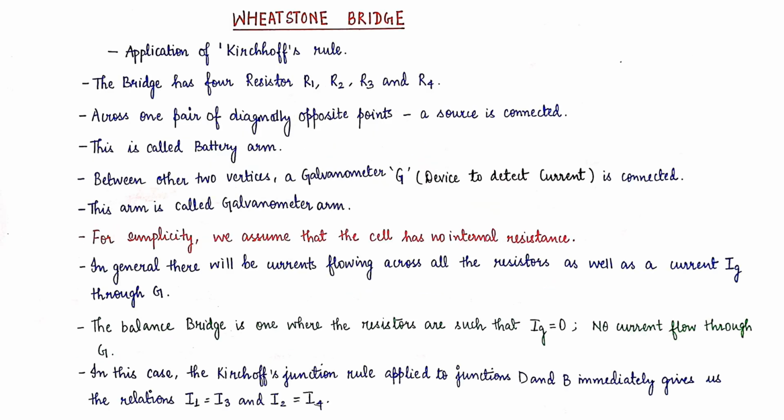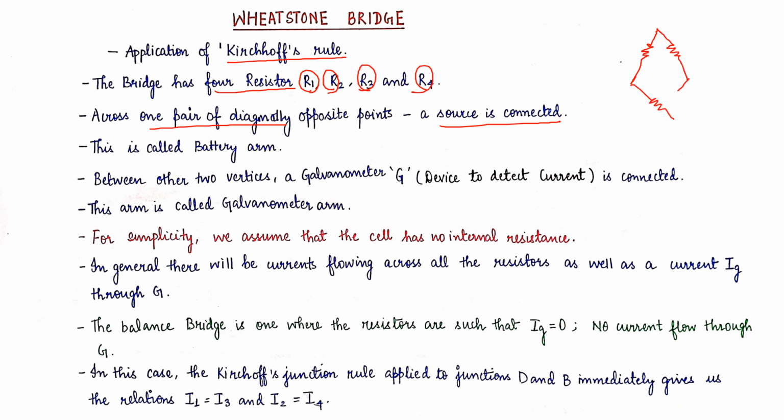Now, Wheatstone bridge is an application of Kirchhoff's rule. Bridge has four resistors R1, R2, R3 and R4. Across one pair of diagonally opposite points, a source is connected. I'm making a diagram over here because the diagram is on the next page.